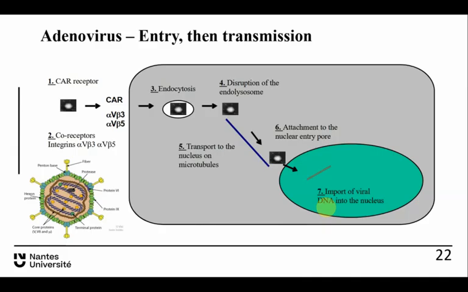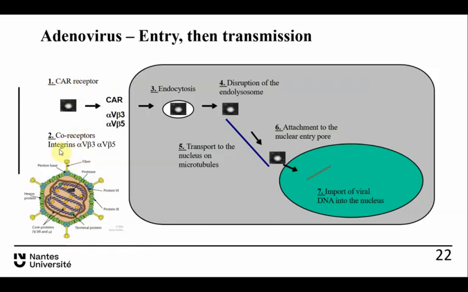So another example here is for adenoviruses. They have got multiple steps in their infectious entry pathway. So the first thing is going to be attachment via the Coxsackie adenovirus receptor, the CAR, and that's going to be the knob domain on the spikes that are on the fibers at each of the vertices of the capsid.